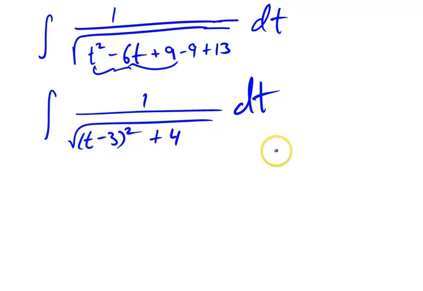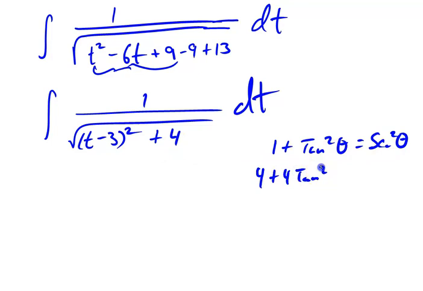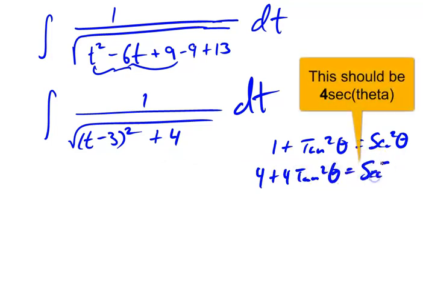So I'm looking at something that looks like maybe my 1 plus tangent squared theta equals secant squared theta. But it's not a 1, it's a 4, so let's multiply by 4. So 4 plus 4 tangent squared theta equals 4 secant squared theta. Okay, so that's what I'm going for.